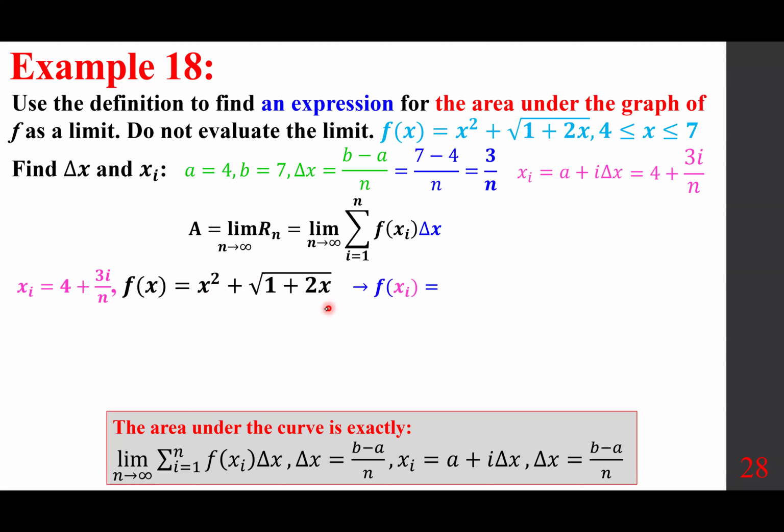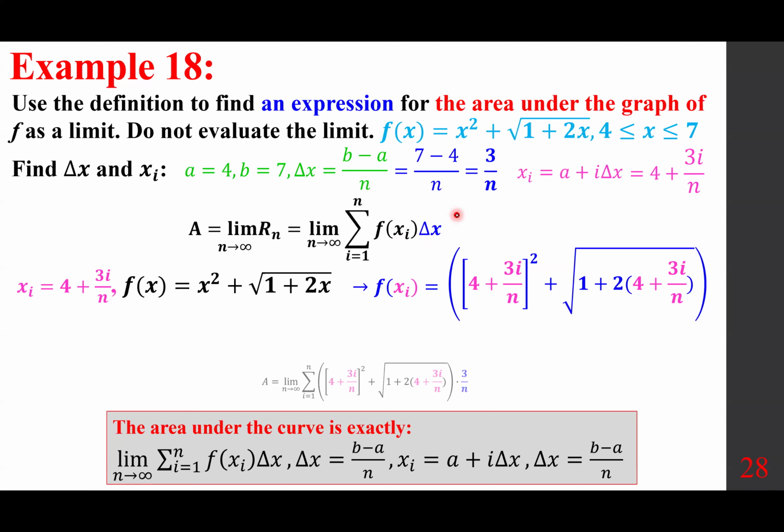So that means f of x sub i is this expression. So I'm going to replace this with this expression here, and I'm going to replace the delta x with 3 over n. So into here, f of x sub i is this parentheses, delta x is 3 over n.